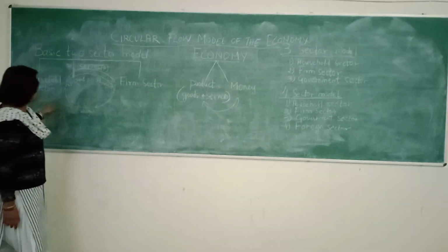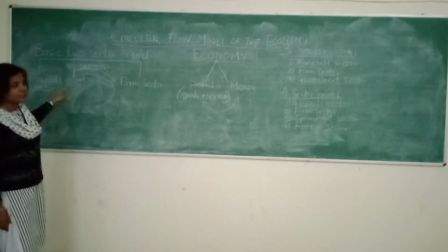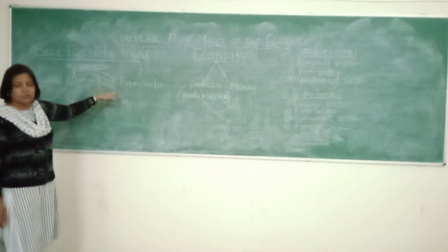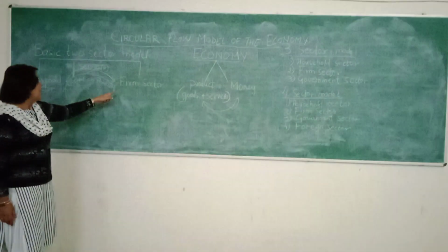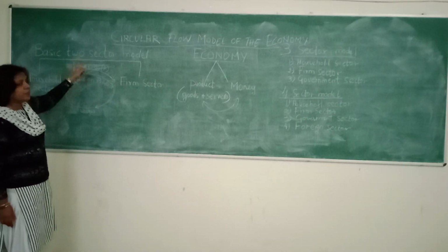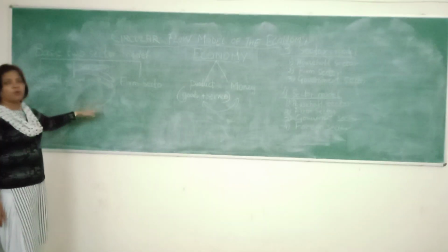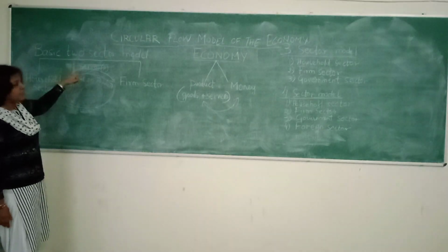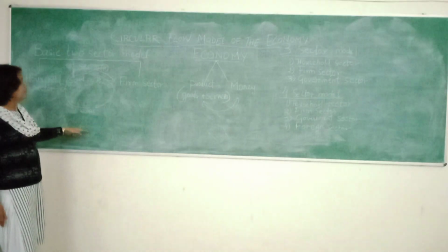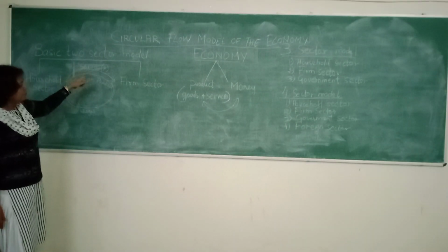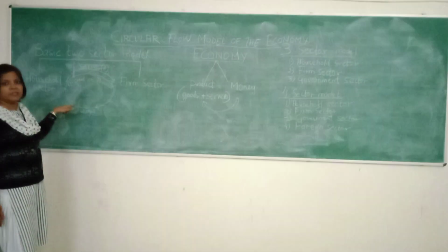What do we use the wages for? We use our wages to buy things, to buy services. And you see this circular motion takes place. This is the circular flow of product and money. Product and money flow in a circular motion in the economy.